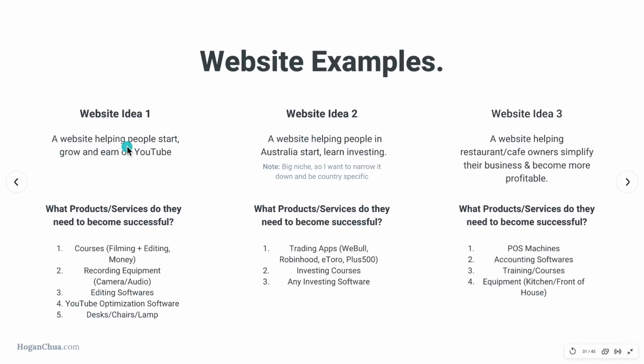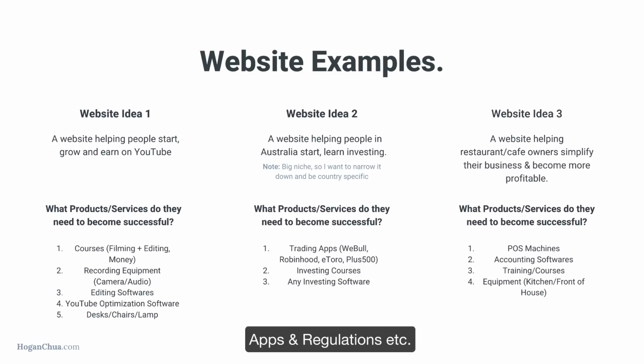So I want to create a website that is based around helping other people start and grow and earn money on YouTube, okay? Second idea is helping people, especially people in Australia, how to start and learn about investing, right? So this is sort of quite a big niche. So I did want to narrow it down to Australia, because otherwise there's too many different countries to cover, and I wouldn't have too much knowledge about the different apps for all countries, right?